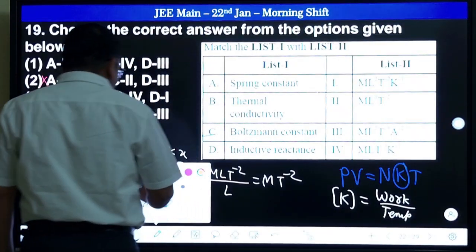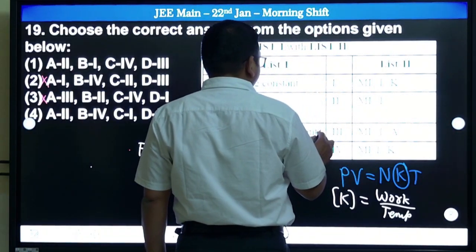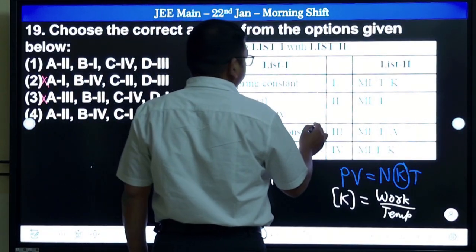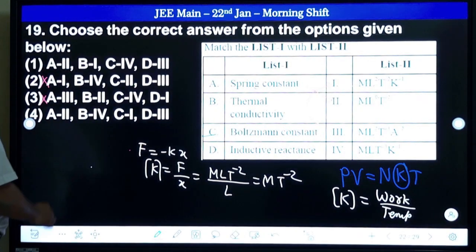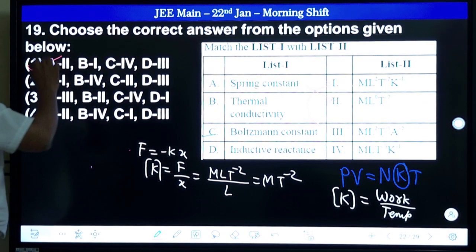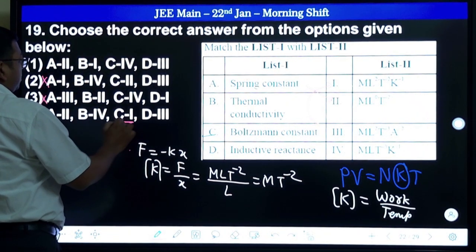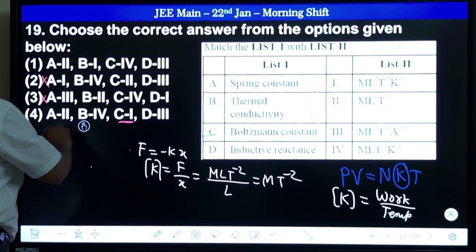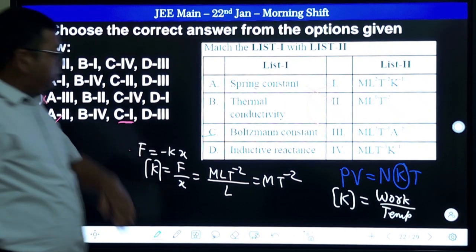So that you can directly match with this one. So C should match with first. This option, C is first, right? Option number 4. Correct. Let us move to the next question.